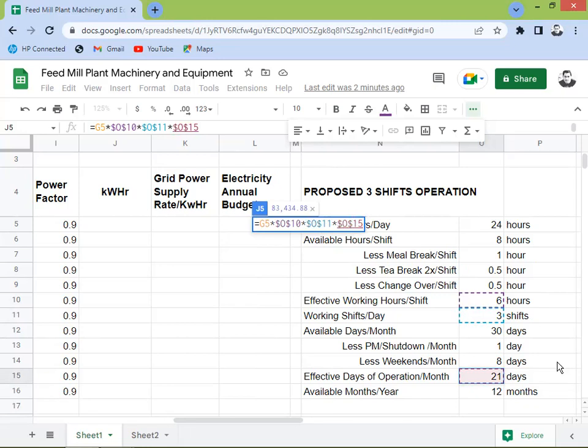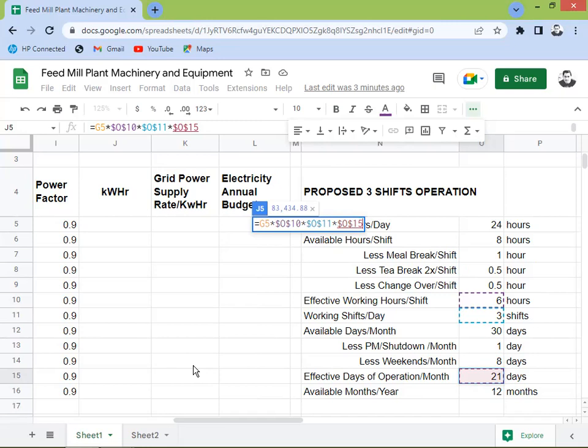And then the next one would be this 12 months. I did not include here or deduct the holidays because the different holidays depend on the countries. So I was just assuming that the workers will still be working on holidays, but the company will just pay for the premium, will just pay for the overtime for the people working during holidays.